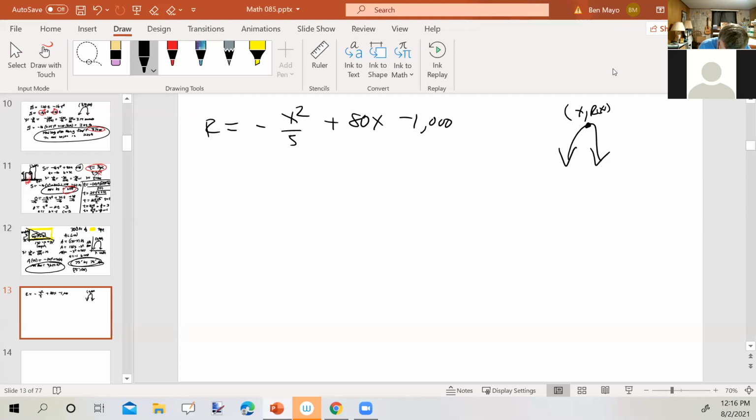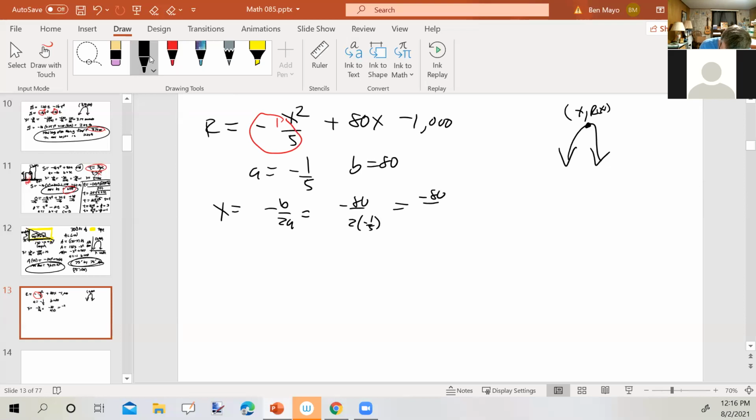And let's see here. So we've got A is negative 1/5. You see where I'm getting that from? And B is 80. So X equals negative B over 2A is negative 80 over 2 times negative 1/5 is negative 80 over negative 2/5.